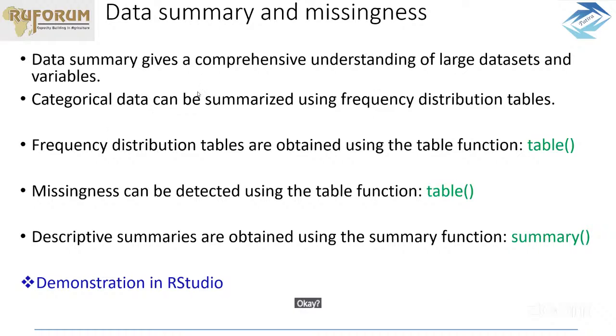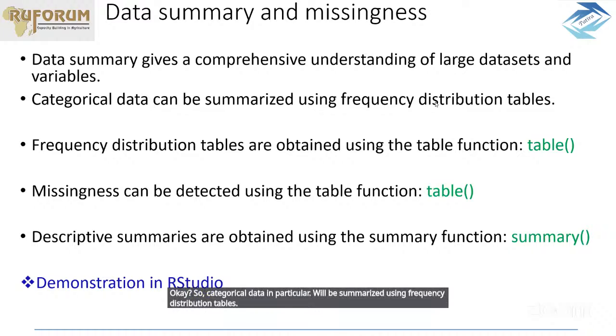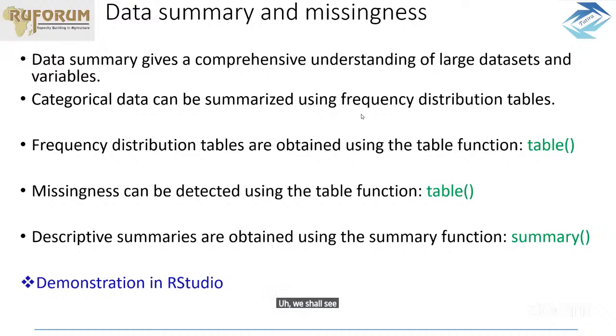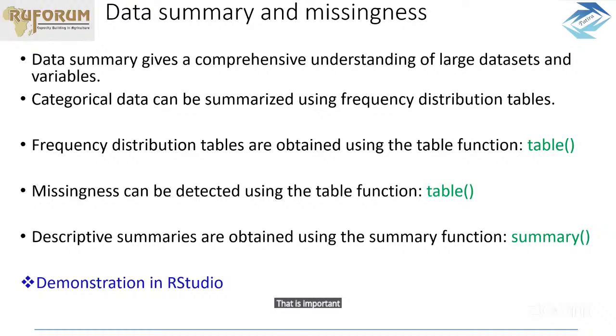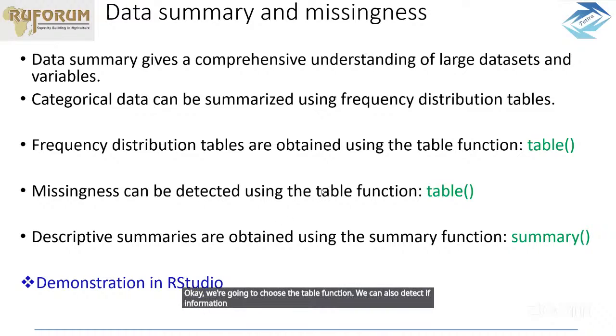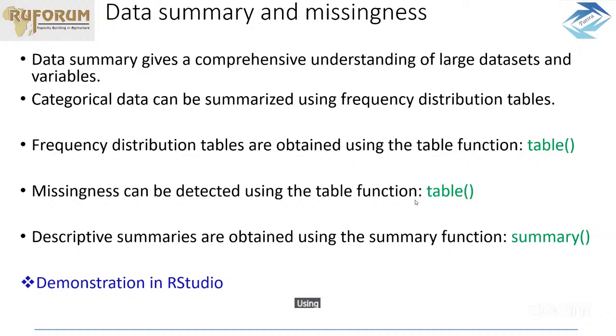Categorical data in particular will be summarized using frequency distribution tables. We just need to be able to tabulate to see the different categories that exist in the variables. That is important. And we are going to use the table function. We can also detect if information is missing using that table function.